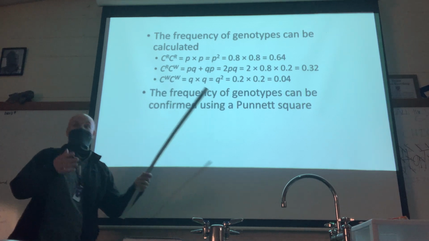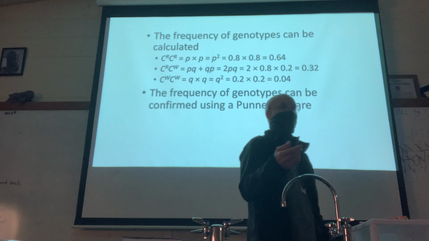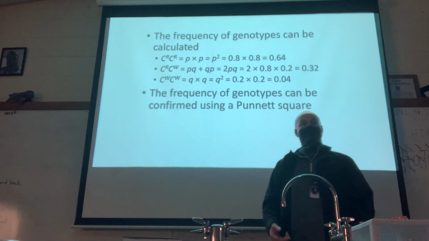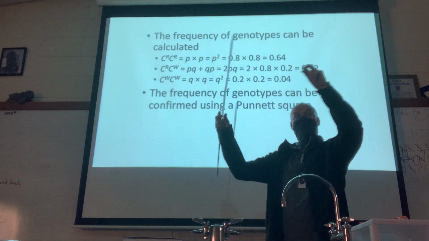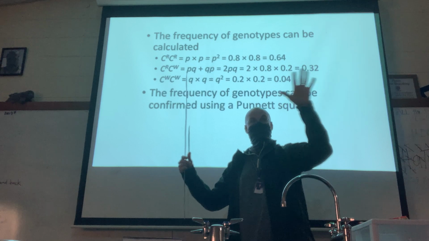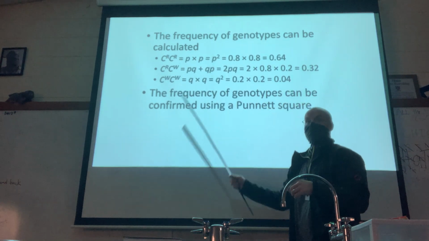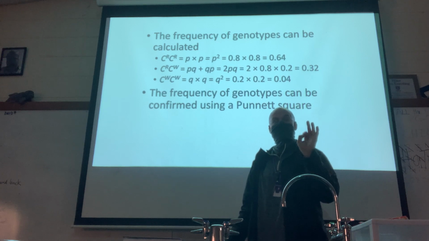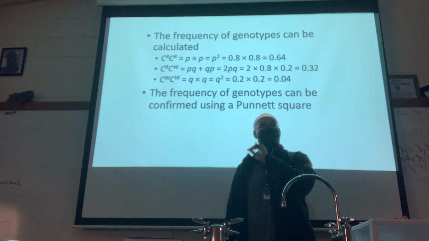So if you have 80% of the genes being for the red flower, 20% of the genes in the population for a white flower, then if you randomly draw from a gene pool that's 80% red, 20% white, you can calculate what you would expect to see. Expected data.